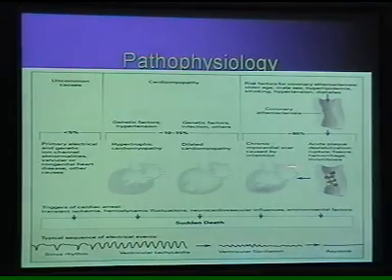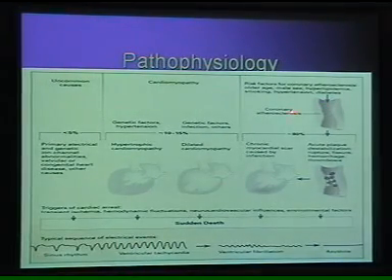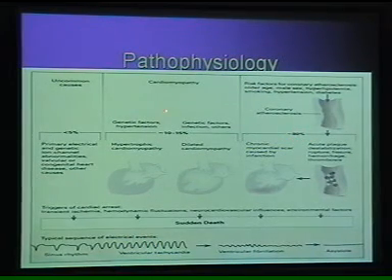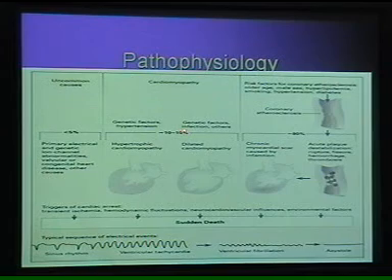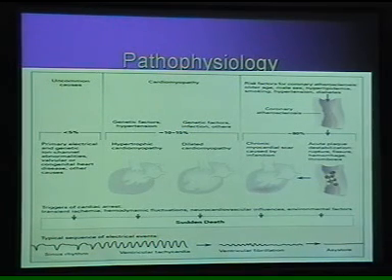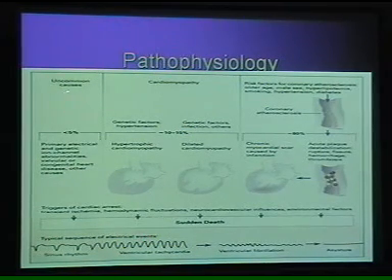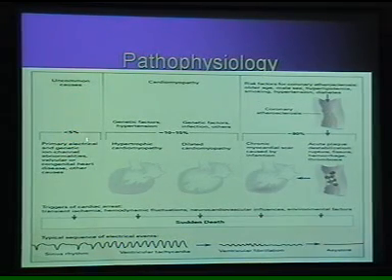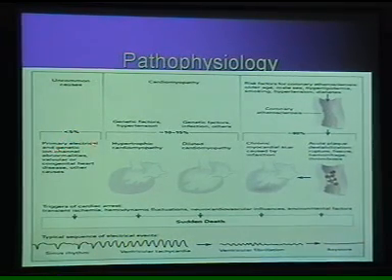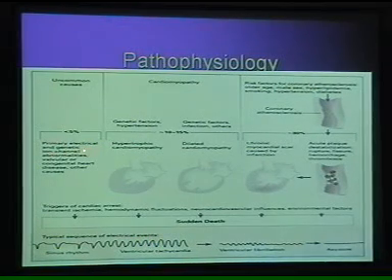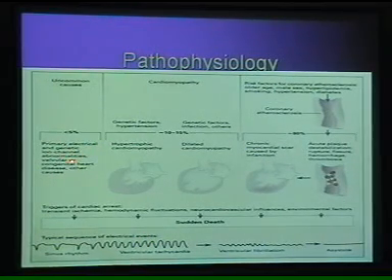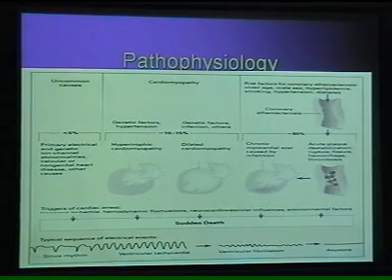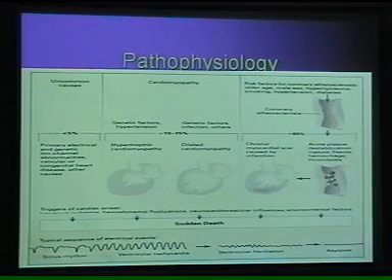The commonest cause, as we mentioned, is ischemic heart disease, which accounts for 80% of the cases. In about 10 to 15% of the cases, cardiomyopathy may be the cause, and in about 5% of the cases are uncommon conditions like primary electrical and genetic ion channel abnormalities, or valvular or congenital heart disease.